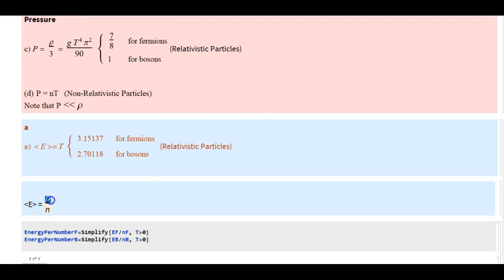We have the expression for the energy density divided by the number density.